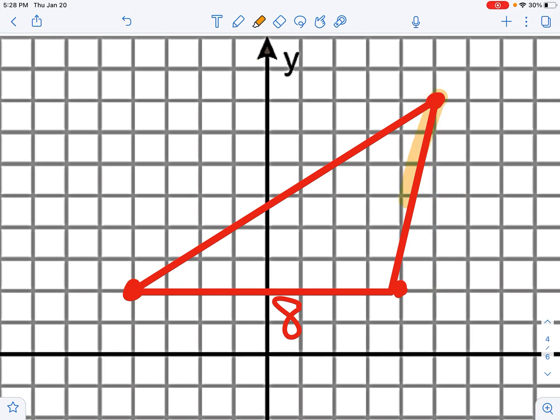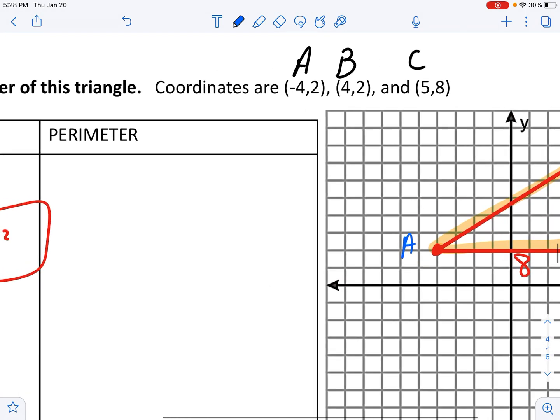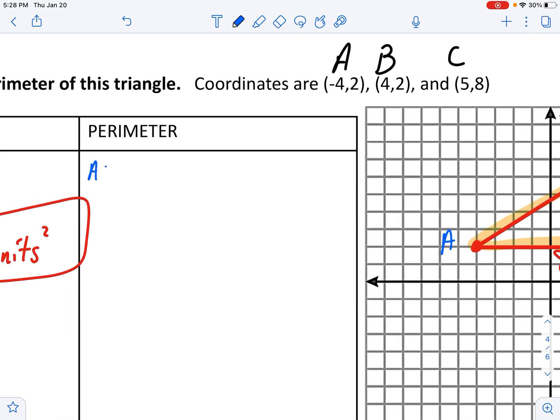And for the perimeter, I need to know the distance around this shape. So I already have one side is 8. I'm going to have to find the other two sides. So this is C, this is A, this is B. So I need to find AC and BC.